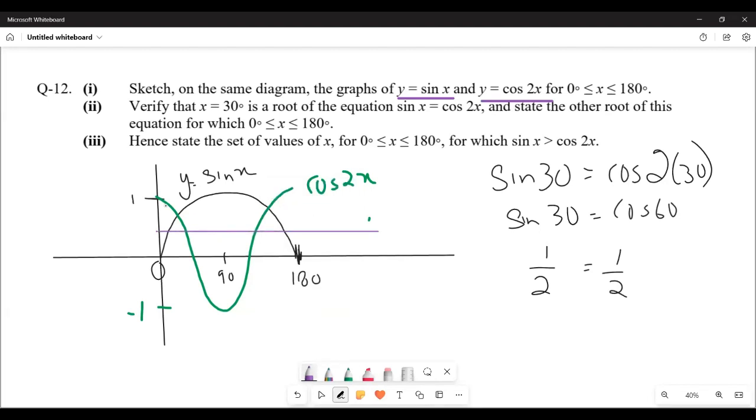So this would be 30. Yes. Okay. Find the other root. The other one should be this one. Here also, the height is half. So since it's a very symmetrical graph, we know that this is 30. So then 150? Yes, 150.